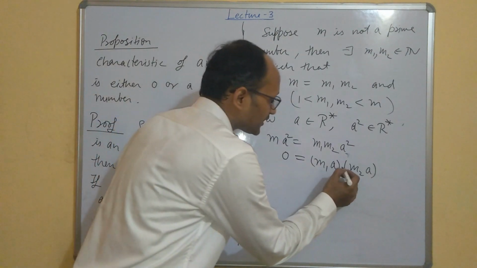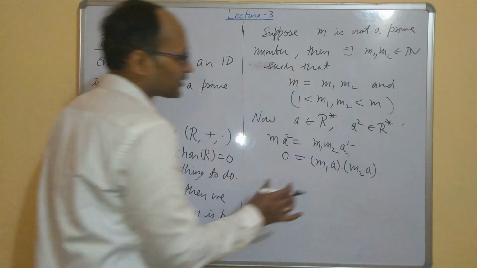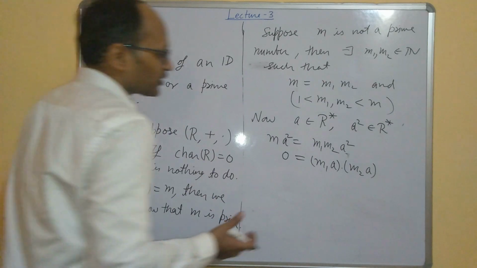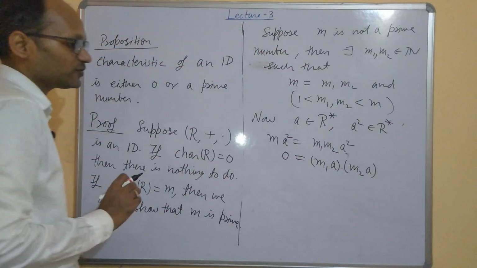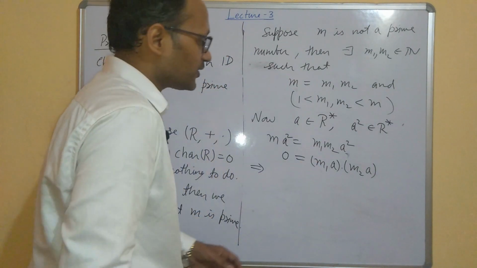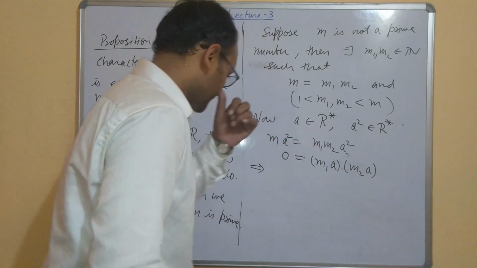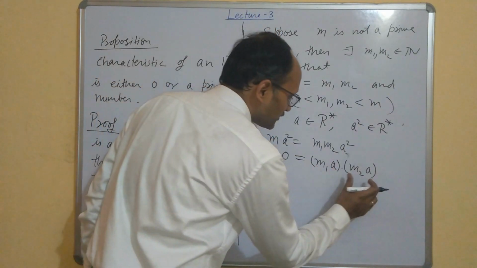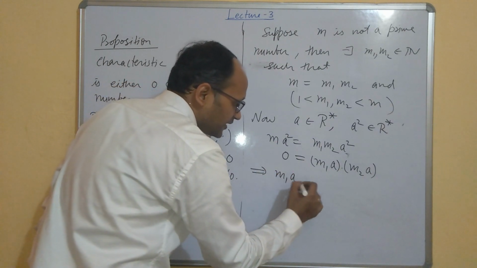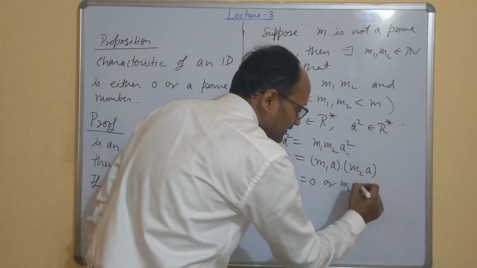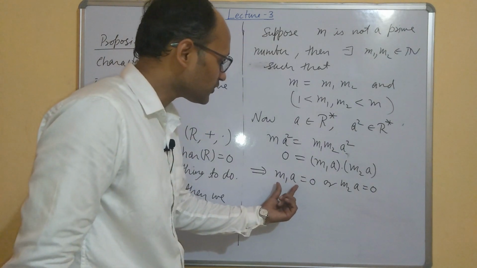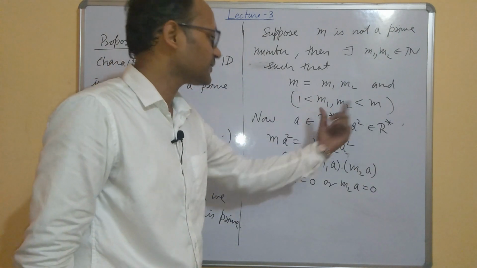Now we are in an integral domain, and in an integral domain the product of two non-zero elements cannot be 0. So the product of two elements being 0 implies that m1a is 0 or m2a is 0. But is it possible that m1a is 0? The additive order of a is m and m1 is less than m, so it cannot be 0.